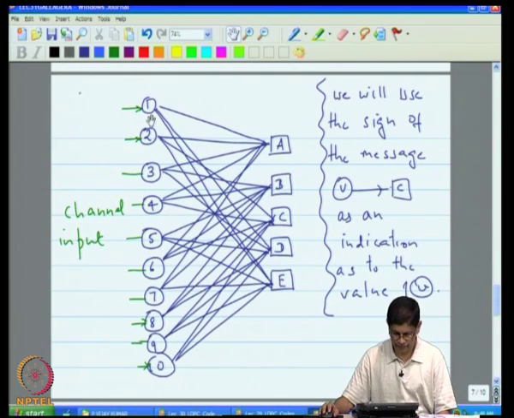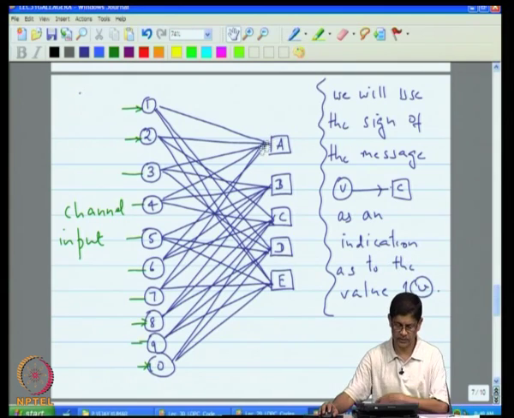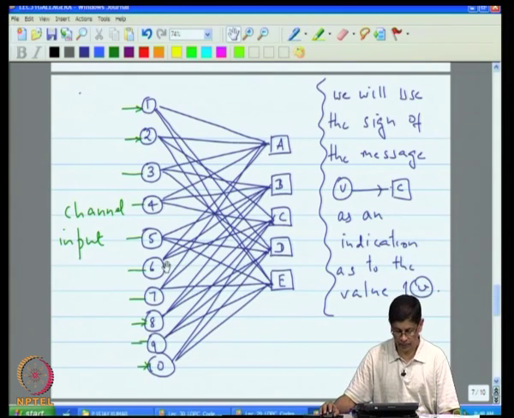Initially when the messages go out, their signs correspond to the signs of the incoming messages, and thereafter at a check node these signs get multiplied, and because of the nature of a parity check, the sign of the message passed back from a check node to a variable node is also multiplied by the corresponding value of the variable node.